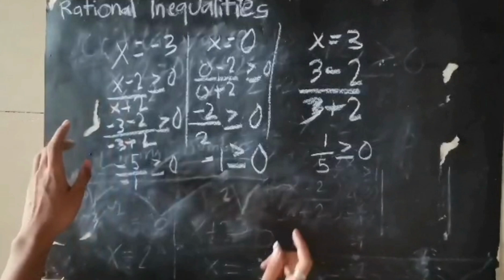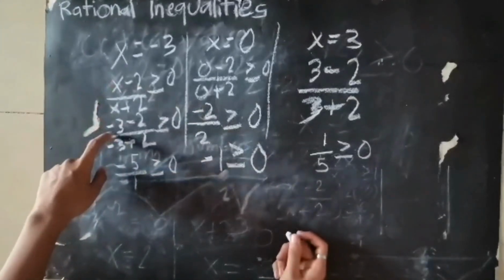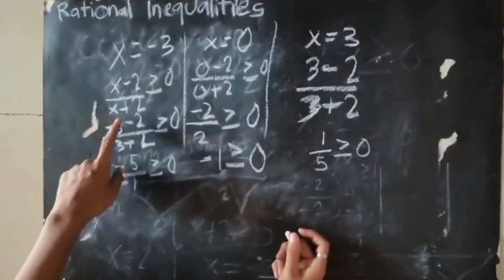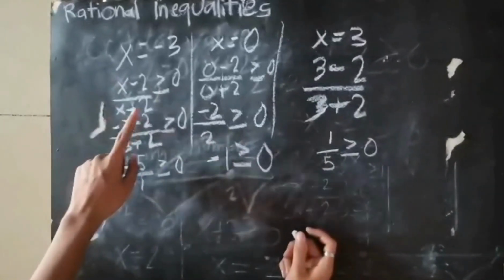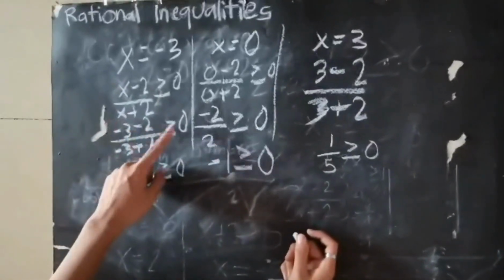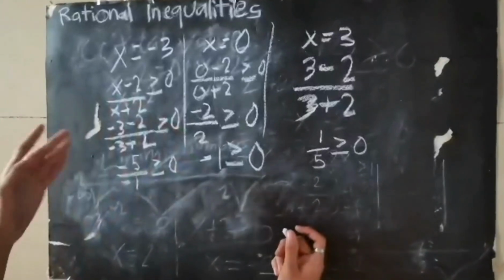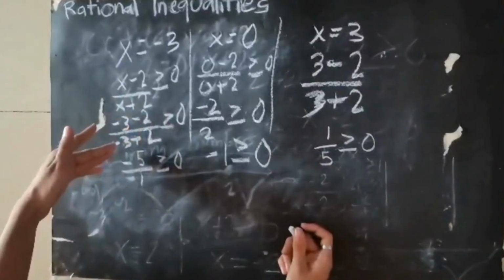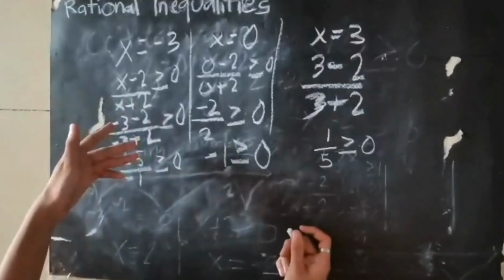The x in the numerator will be negative 3, minus 2, that is greater than 0. And the x in our denominator will also be negative 3 plus 2.